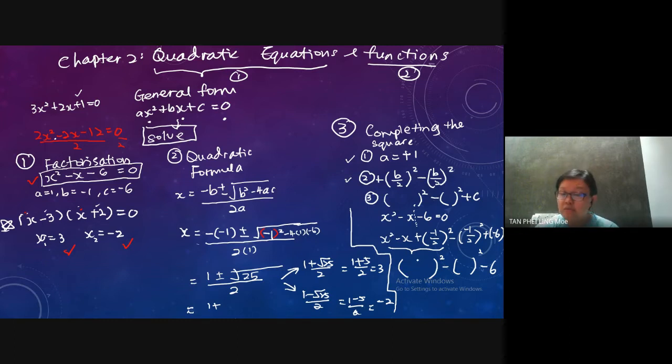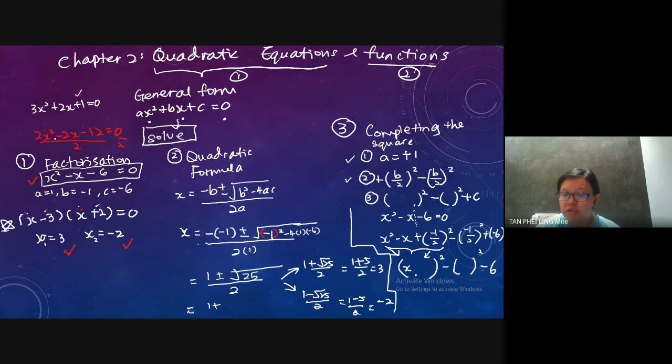Okay, so you're going to just put them in, bring them into the bracket. So when you bring them into the bracket, you see this one x squared. Memang got square already. So when you bring it into the bracket with a square, you don't bring in the square anymore. You bring in the x. And then this one, minus 1 over 2 with the square, so when you bring in, you also don't bring in the square.